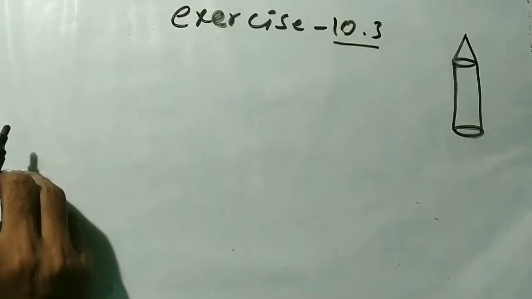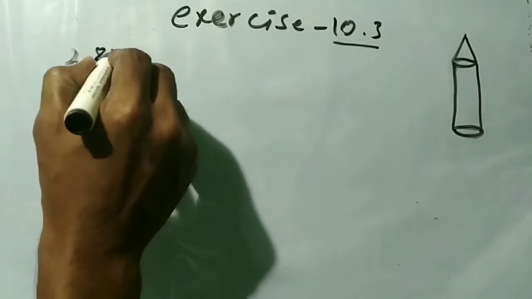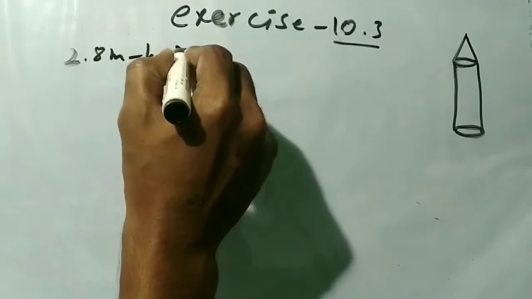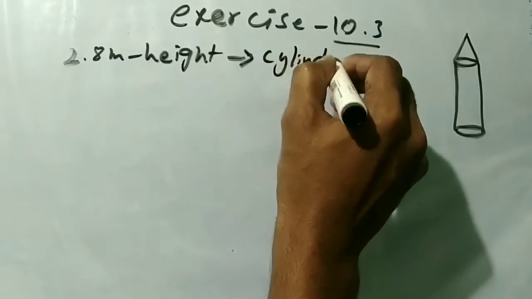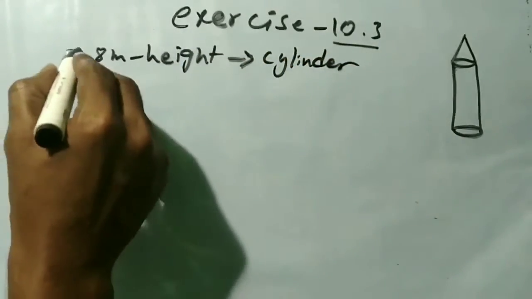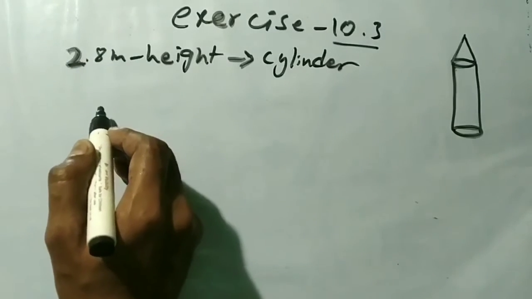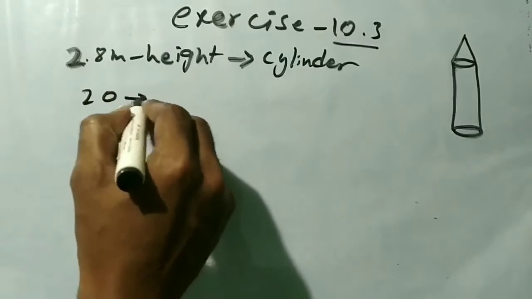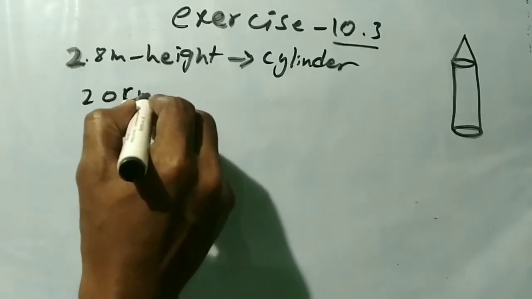They have given the question data. 2.8 meters is the height of the cylinder. This is the cylinder, and the diameter is 20 centimeters. This is in meters, so 20 centimeters let's write.